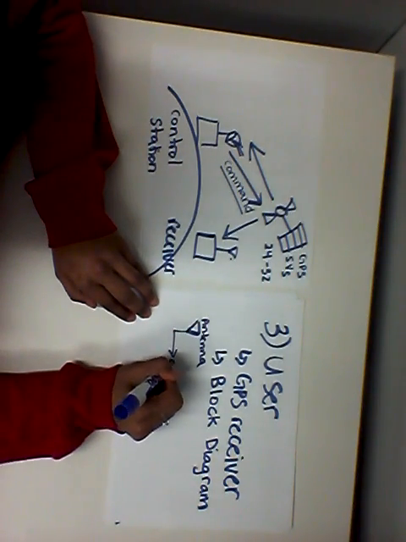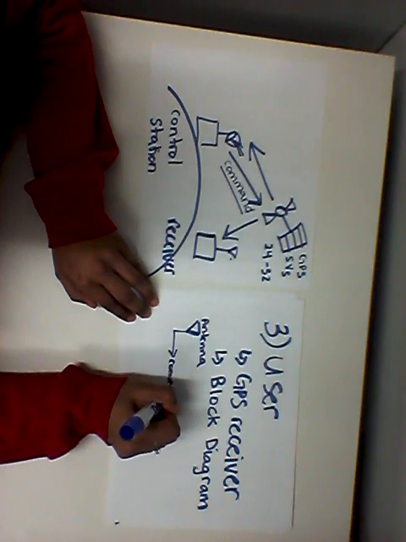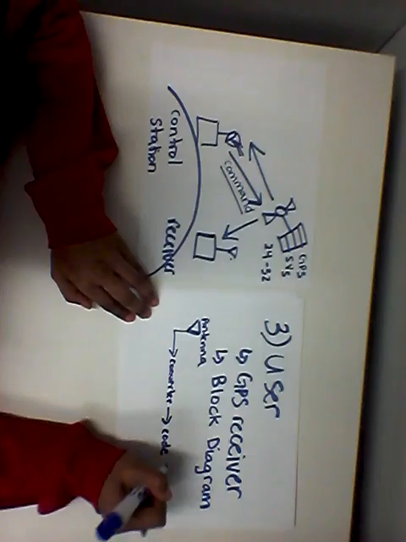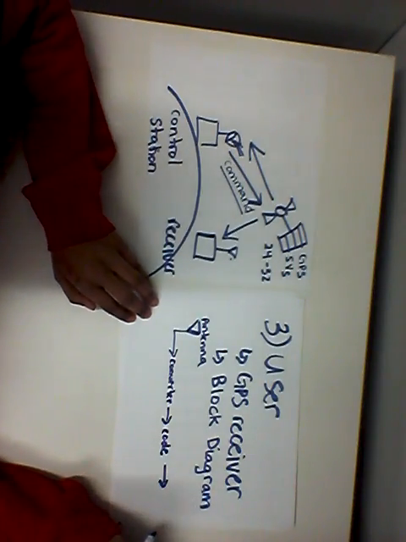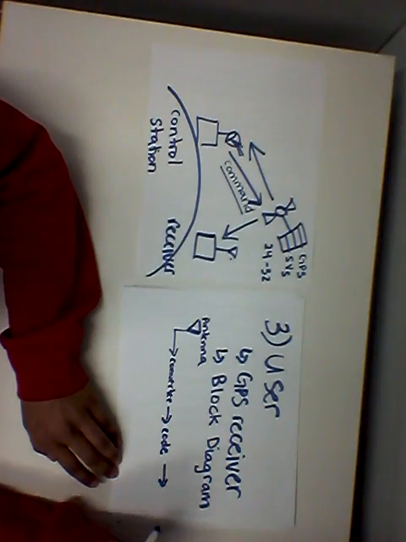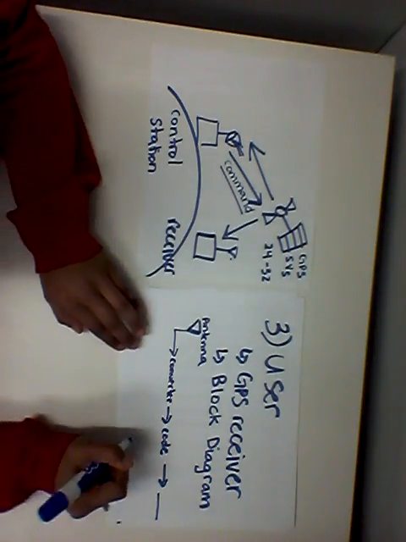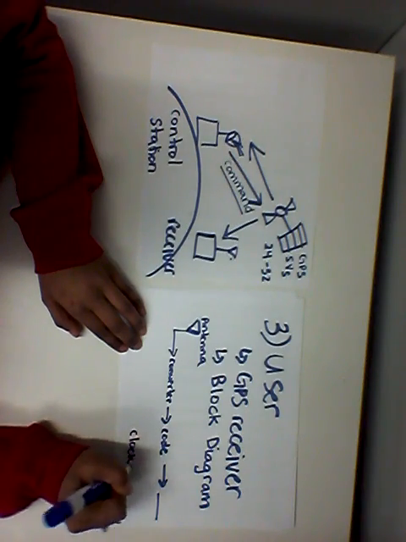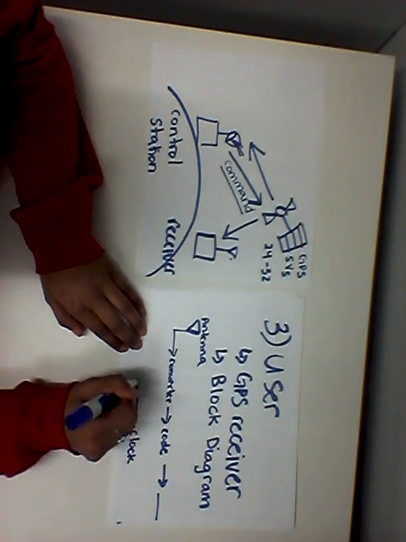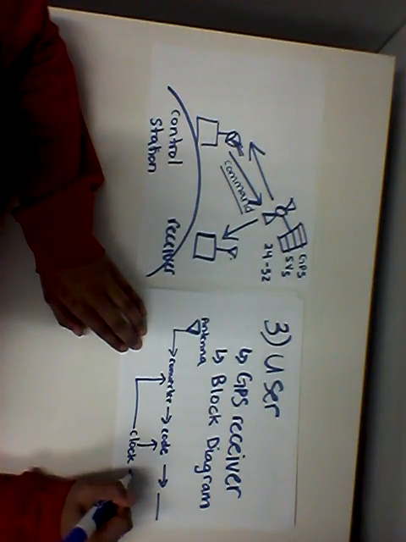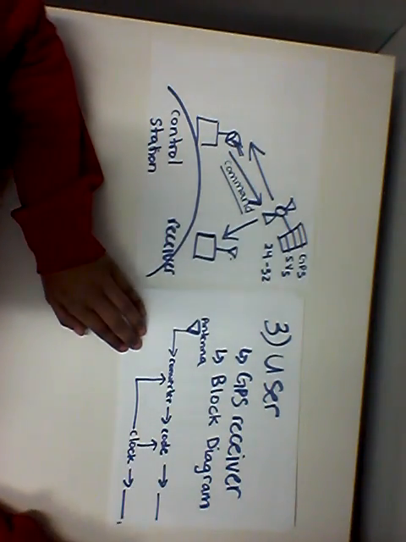That information goes through a converter, then goes through a code, and gives the end results of the information that we're looking for. There's also the clock, which is from the atomic clock, sends information to the converter, goes through the code, and we get our end results.